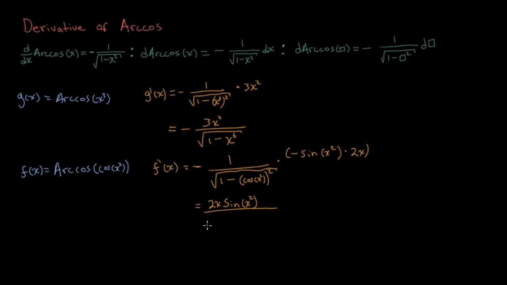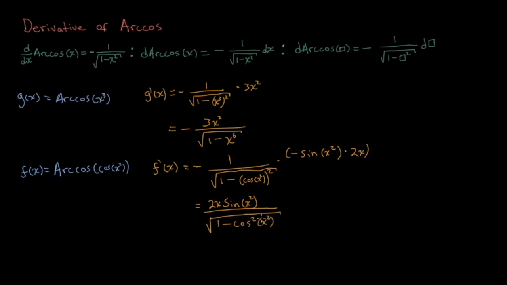Times the square root of 1 minus cos, so this squared here, I can put it here, squared x squared. This is just another way of writing cos x squared, squared.